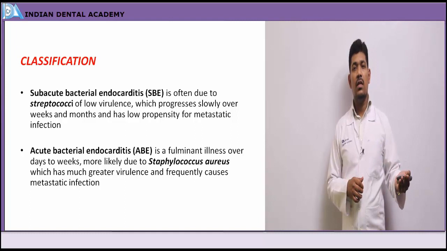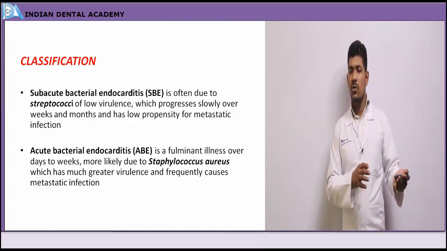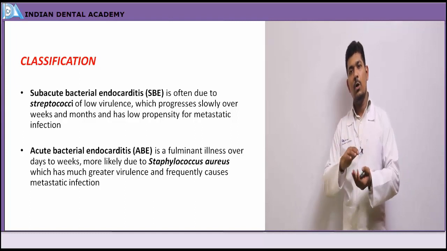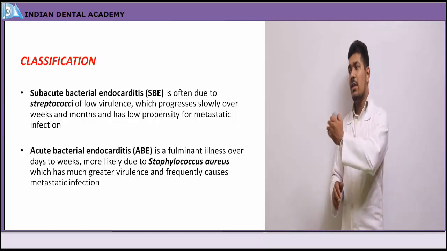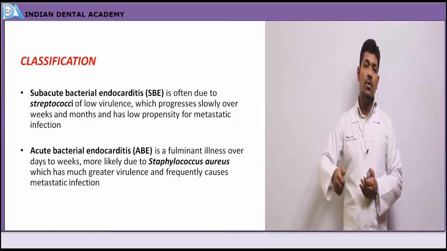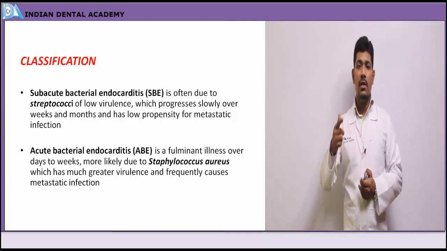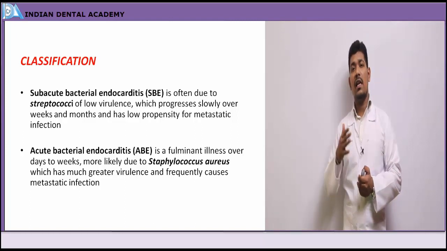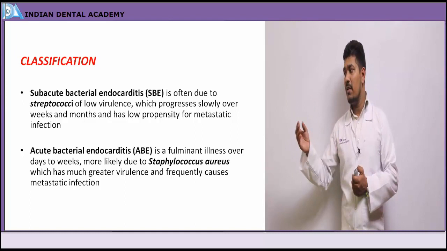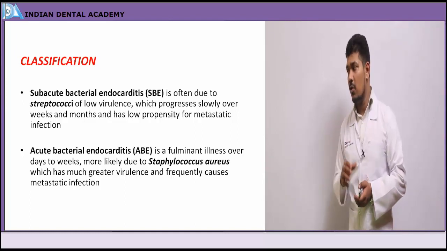Streptococcus is a low virulence organism, so the disease progression is very slow, to a lower level than acute bacterial endocarditis, which is caused by Staphylococcus species, a highly virulent organism. So the progression of this disease is more rapid when the etiological organism is Staphylococcus.